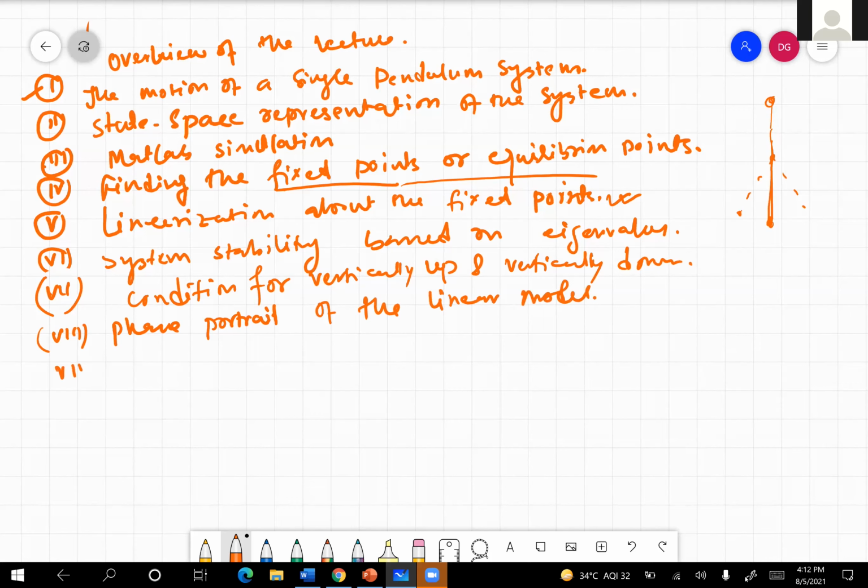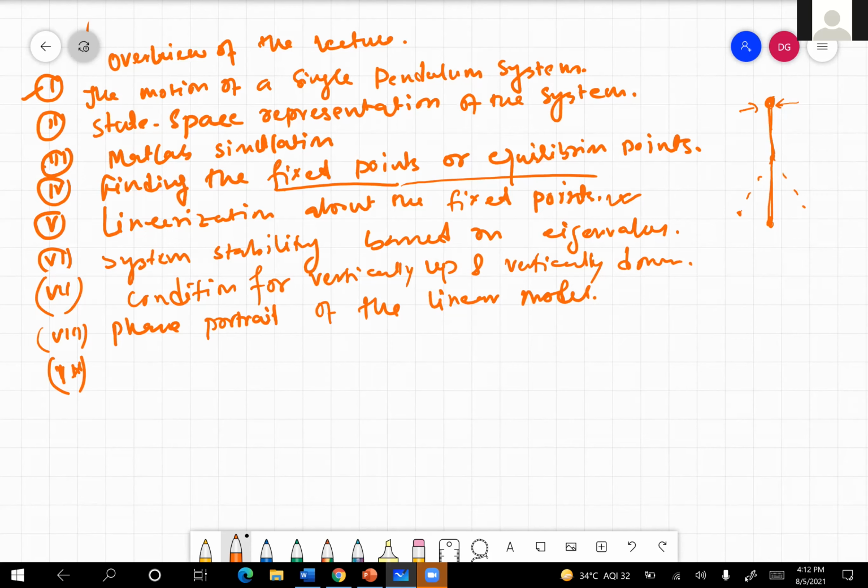Then the last part I'll be covering, the most important part: when my bob is here, even if you put some small disturbance on this side or that side, we can't maintain the upright position of this pendulum. So how can we use control to make this pendulum vertically up?